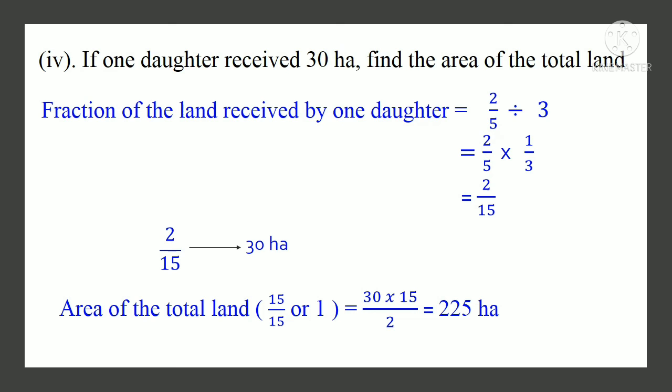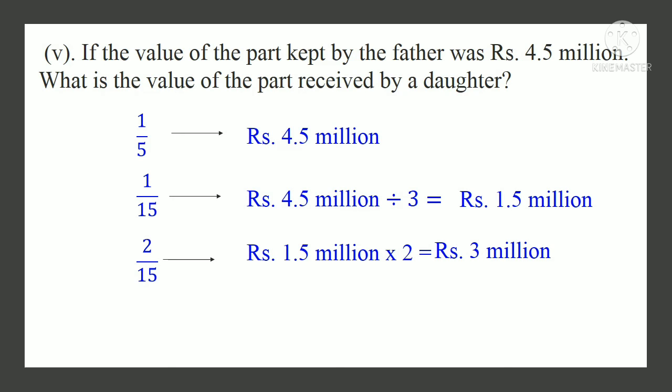Last part of this question. Right. If the value of the part kept by the father was 4.5 million rupees, what is the value of the part received by a daughter? Now, the part kept by the father, the amount of that one is given. How much? 4.5 million rupees.